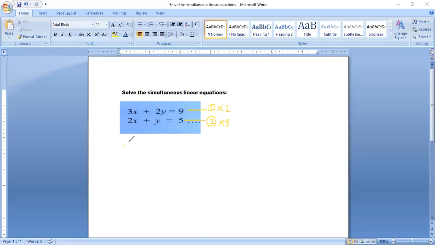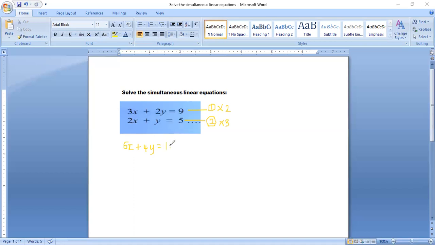So 2 times 3x is 6x, plus 2 times 2y is 4y, equals 2 times 9 is 18.